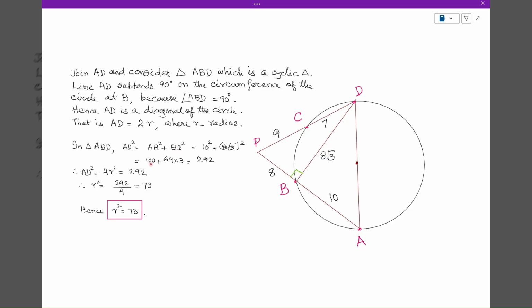The whole thing will be 100 plus 64 into 3, which is equal to 292. Therefore, AD square, which is 2R whole square, that is 4R square, is equal to 292. Therefore, R square is equal to 292 divided by 4, which is 73. Hence, R square is 73 is the answer. Thank you.